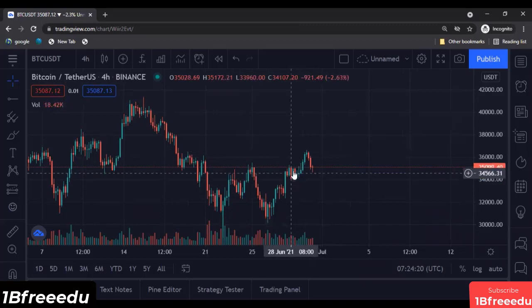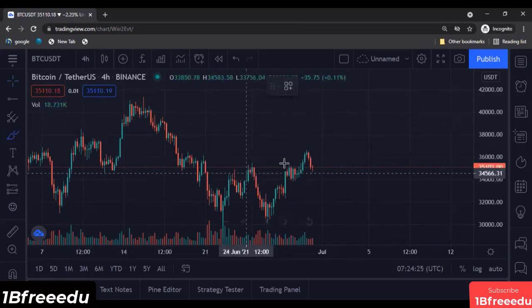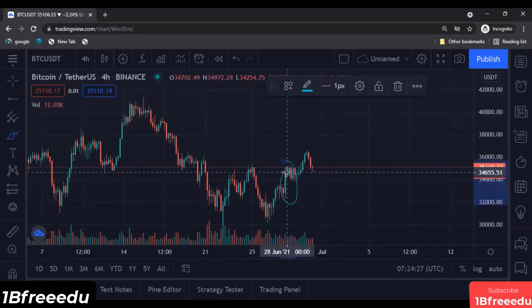For example, if this candle is closed at around 34,700, this value, along with the previous candle values, would be taken as an average, and then it would form a line. So the average of each would form a line, and it would indicate how the average is performing.